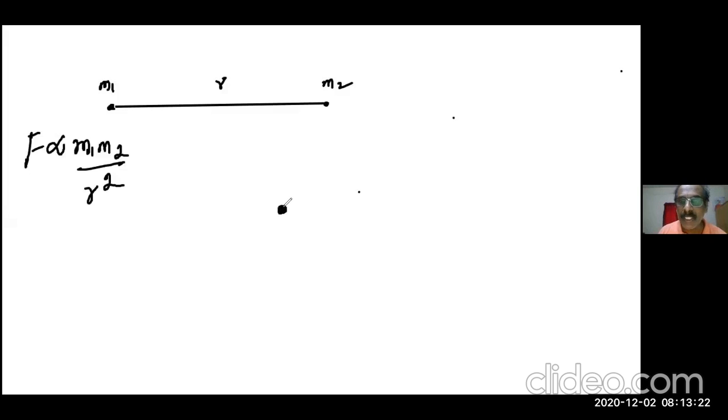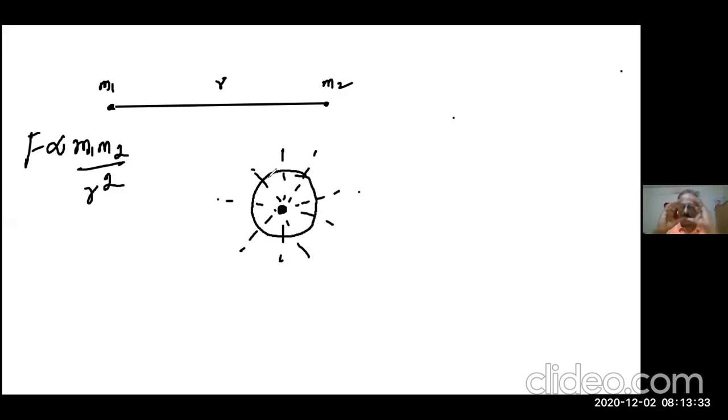From one point, a particle can go in all directions like this. So here, if you imagine a sphere, suppose the radius of the sphere is 1 meter. This particle exchange gives out around 1,000 gravitons.